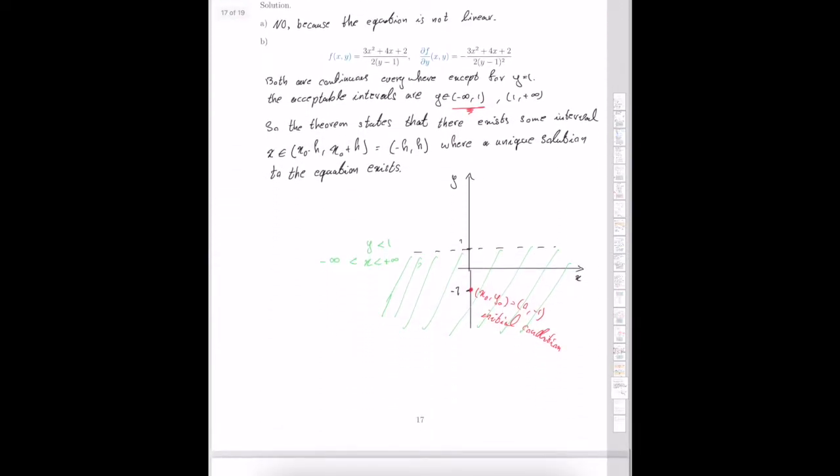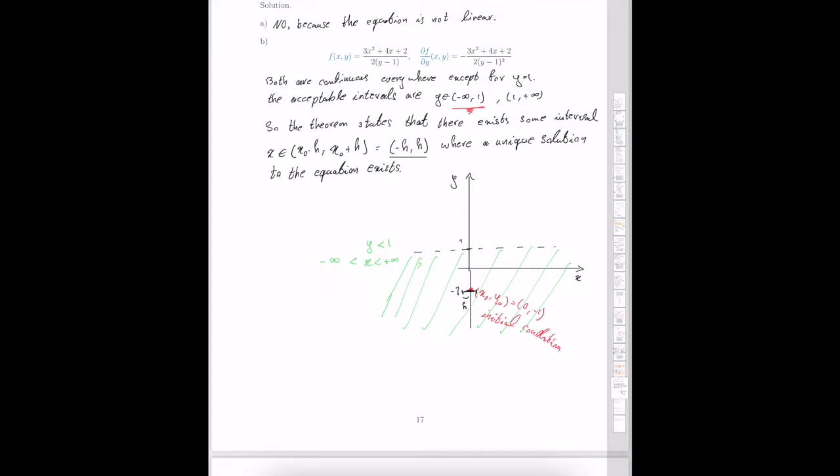So it simply is telling me that in such an interval, well, we don't know if it's small or not, but I know that this is h, the length of this thing. So for x between minus h and h, in this area there will be a solution which is unique.